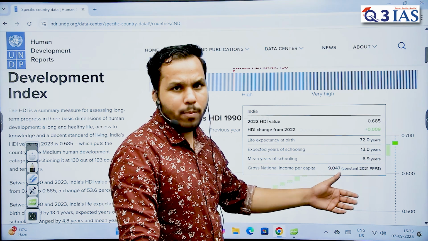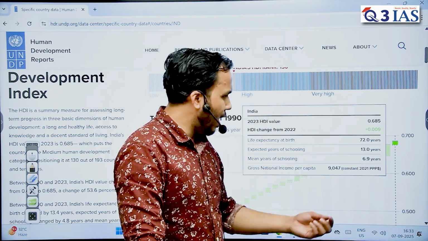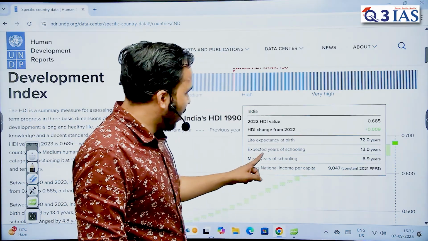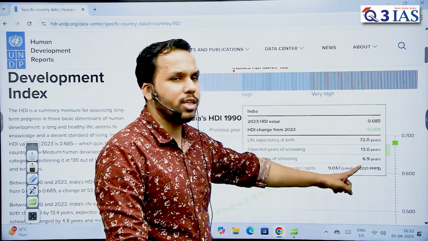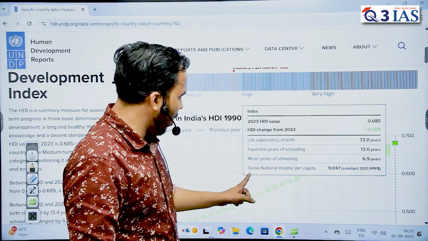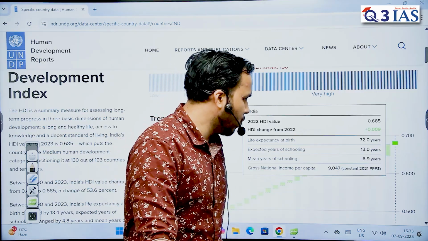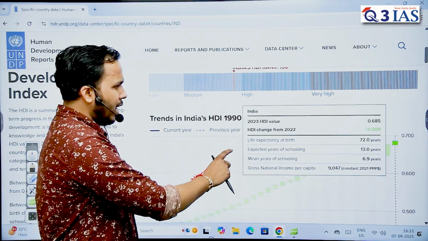Basically, if a child is born at this point, he will live up to 72 years, with expected years of schooling at 13 years, mean years of schooling 6.9 years, and per capita income is 9,047 dollars per person.